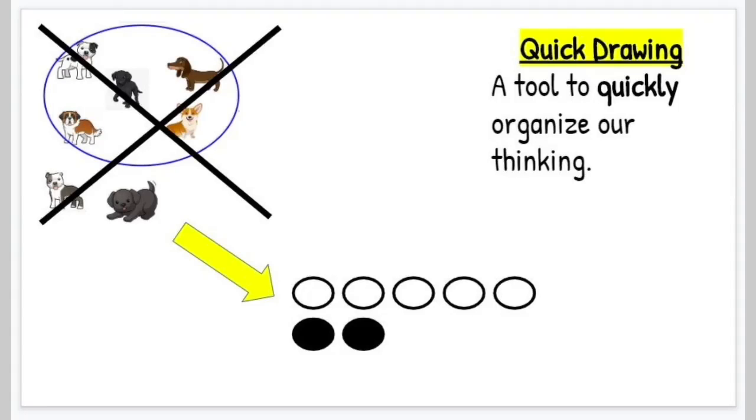So circles that are about the same size in nice neat rows, and these circles you'll notice that I have them grouped like a 10 frame. So I have the group of 5 that I found and circled, shown with the blank circles, and then the 2 left over shown as solid filled in circles.